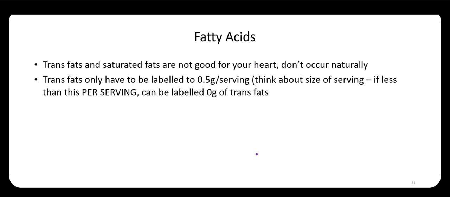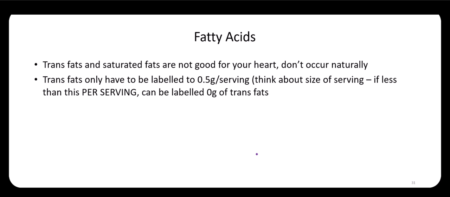And again, like we mentioned before, if you want to talk about food labeling in a patient education seminar, patients typically really like it because there's so many things that they just don't know and so many things that aren't as they appear. Like one is, if you have less than half a gram of trans fats per serving in food, you can call it 0 grams of trans fats.